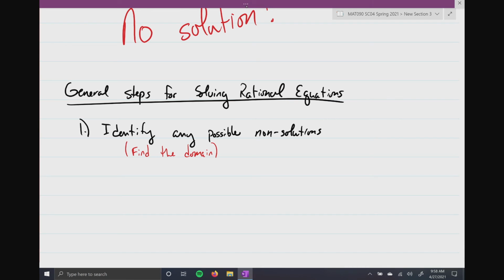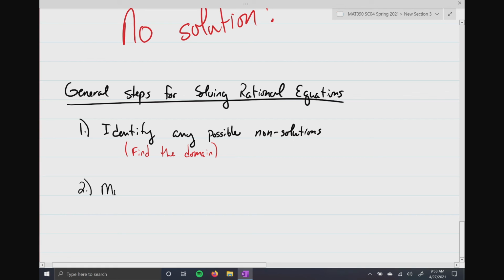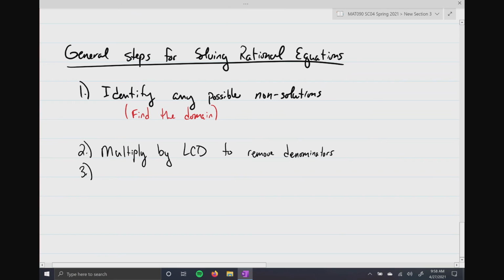Step 2. You're going to multiply by the LCD to remove denominators. Okay.